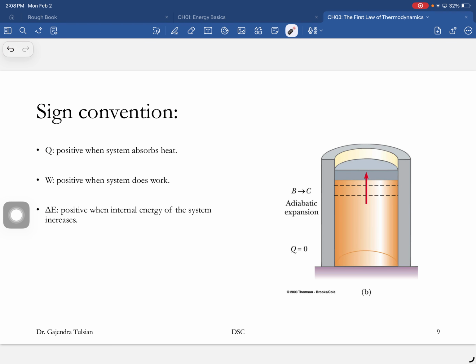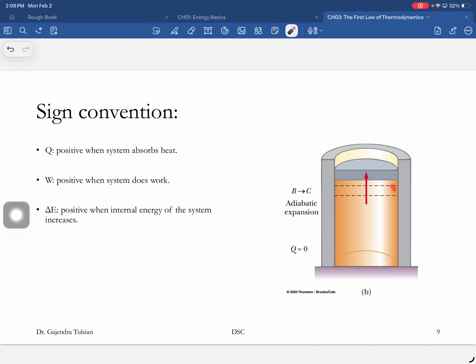A cyclic process, as the name suggests: let's say this was the initial state of your system, you take it through a cycle, and that's a cyclic process. Why do we talk about cyclic processes? In all your heat engines, you take your system through a cyclic process.